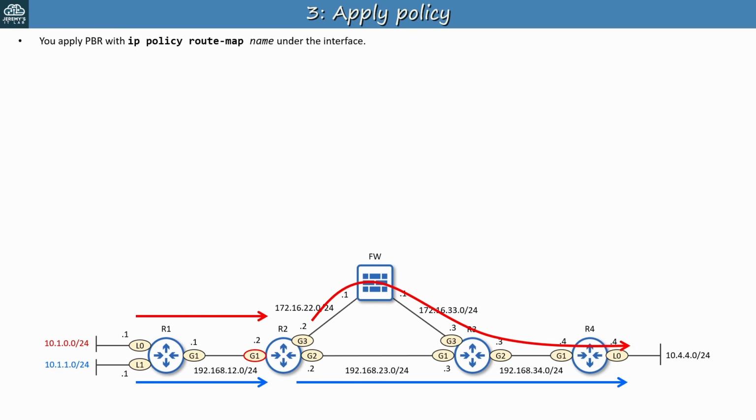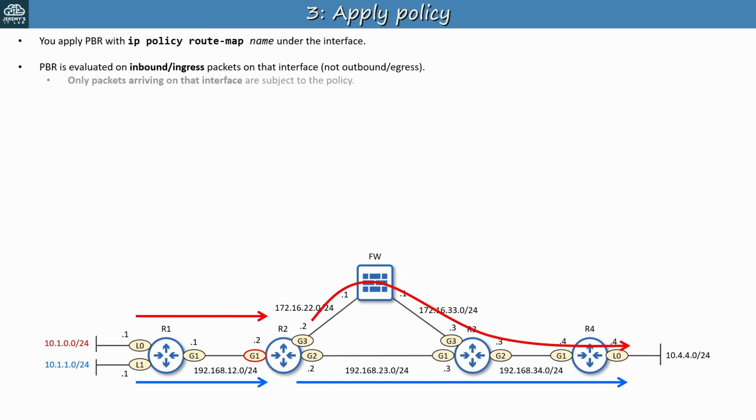You can apply PBR with the command ip policy route-map under the interface. PBR is then evaluated on inbound or ingress packets on that interface. Those terms mean the same thing. It isn't applied to outbound or egress packets. Remember that point. Only packets arriving on that interface are subject to the policy. Packets received by G1, not packets forwarded out of G1.